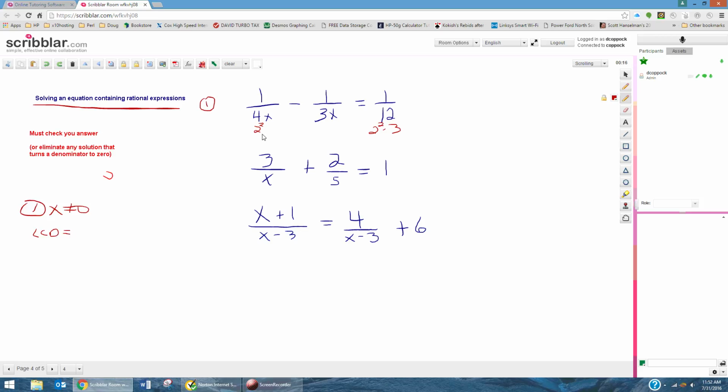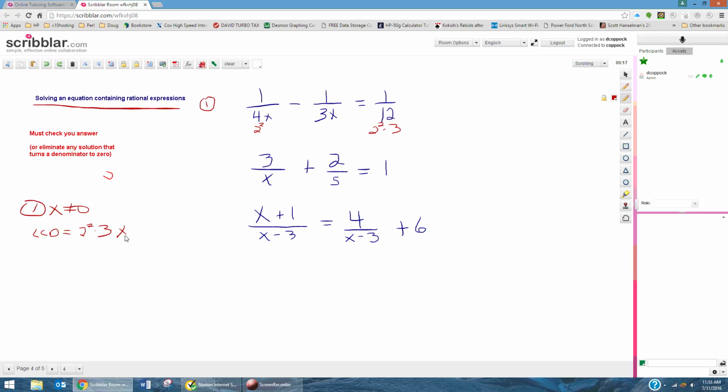I need a 2 squared. I need a 3 from here. And I need an x. So there's the LCD.